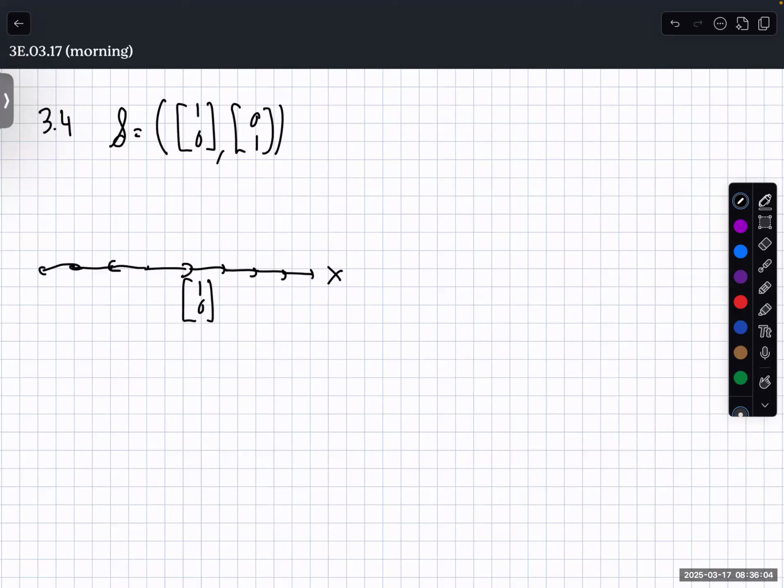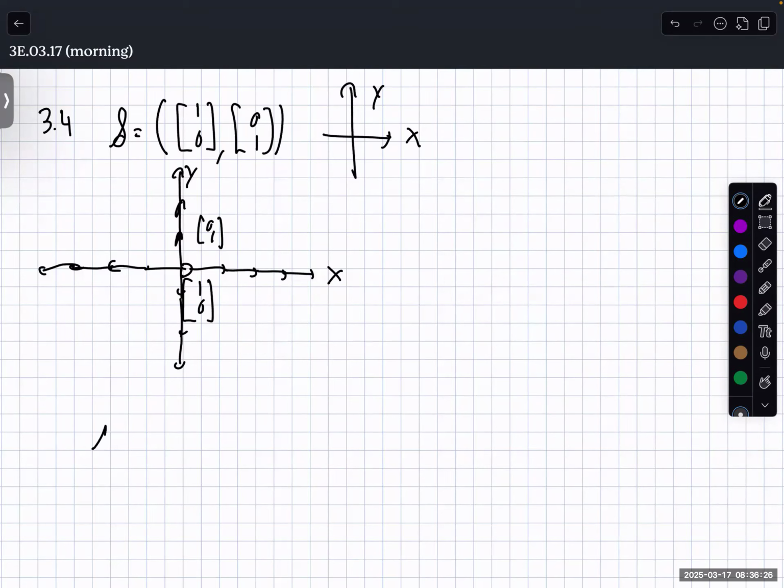Turn it around. And the 0, 1 vector looks like this. If we do a bunch of copies of that, we can make a y-axis. So that standard xy coordinate system can be described by this basis.